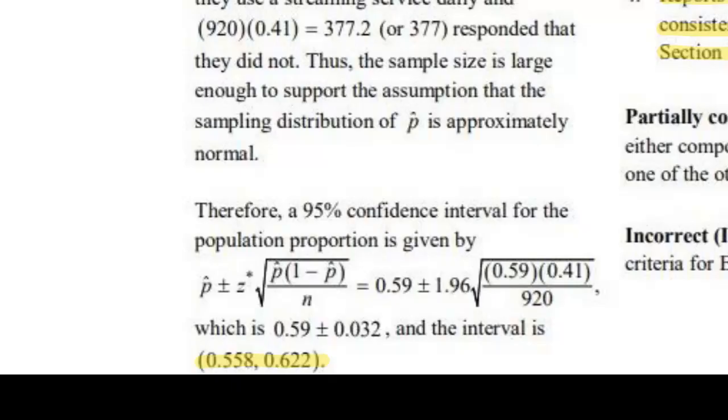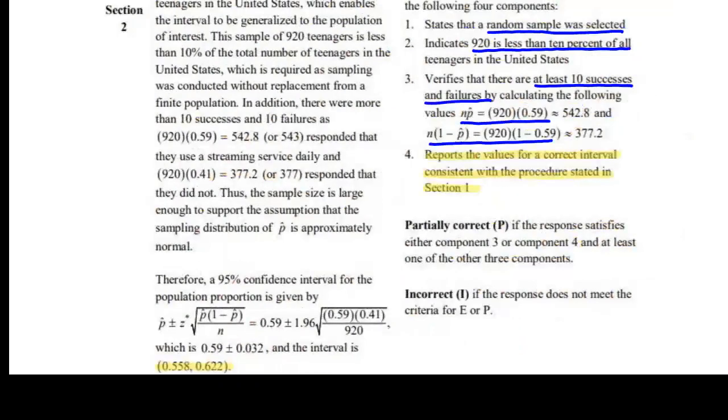I do not know, I can guess, but I do not know if you flip it around the other way and you report the larger number and then the smaller number, I don't believe that would get full credit. I think that they would be looking very specifically for, did you give the lower endpoint first and the higher endpoint second? If you flip it around the other way, mathematically what you're saying doesn't make sense. So I don't think that they would give full credit for that particular piece.